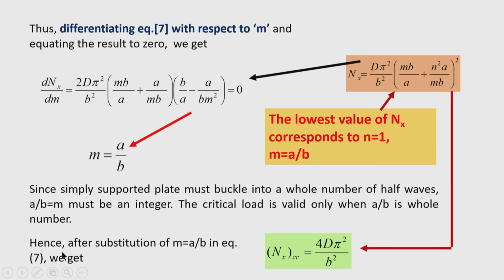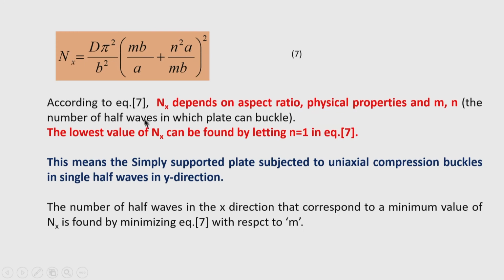So, what we get after substitution, m is equal to a by b. Suppose m is equal to a by b is the number of half waves required for buckling, then you can substitute this m is equal to a by b here and n is equal to 1. So, if you substitute m is equal to a by b, then this term is 1, and if you again substitute m is equal to a by b, this is also 1, of course, n is 1.